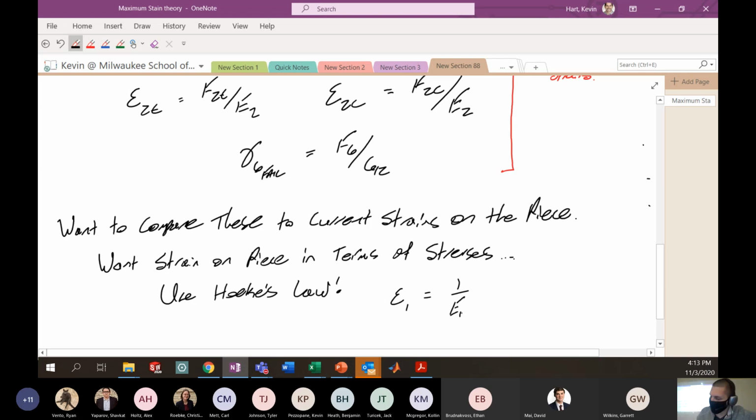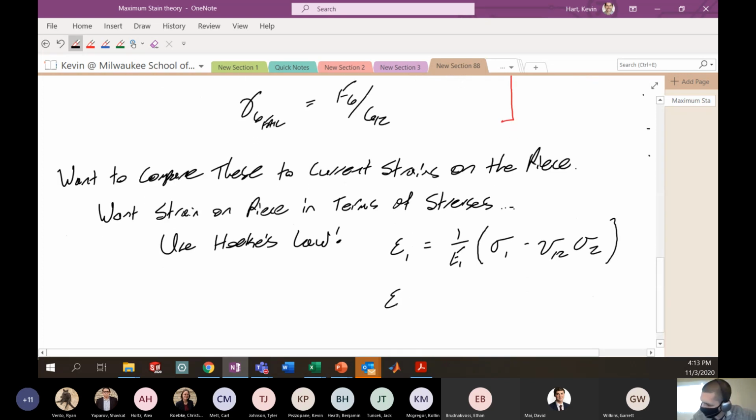All right, this is 2D Hooke's law. We're assuming a thin structure, plane stress. So this is 2D Hooke's law. Strain in 1 is 1 over E1 multiplied by stress in the one direction minus nu 1, 2 times stress in the two direction. Strain in 2 is the current stress in the two direction minus nu 1, 2 times the stress in the one direction, over E2.